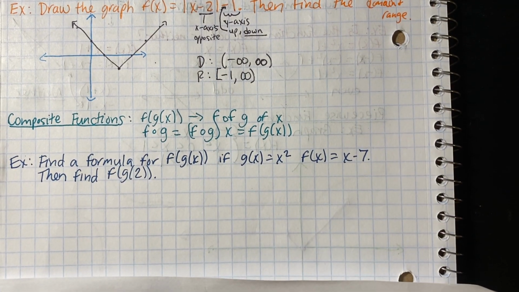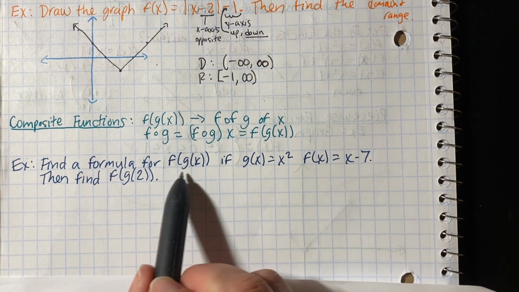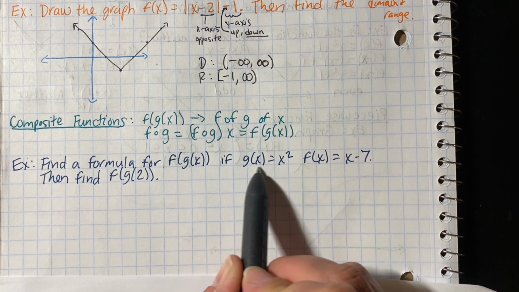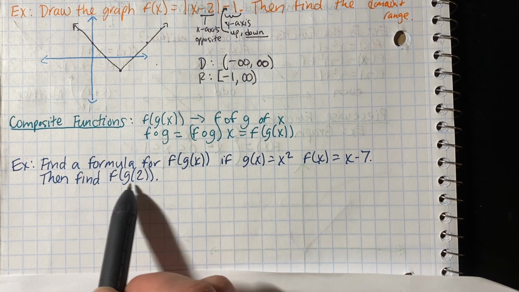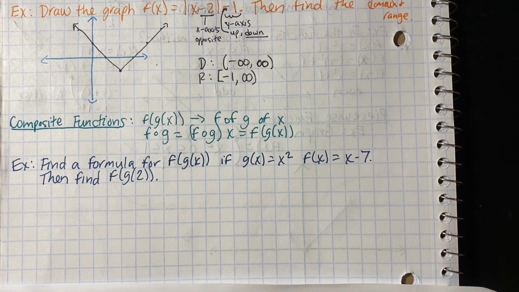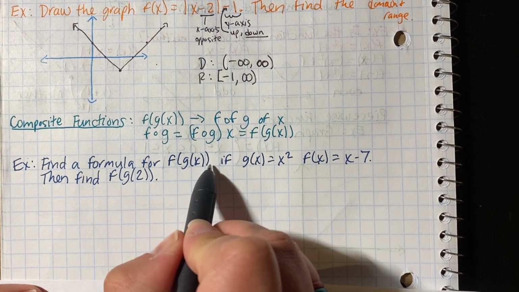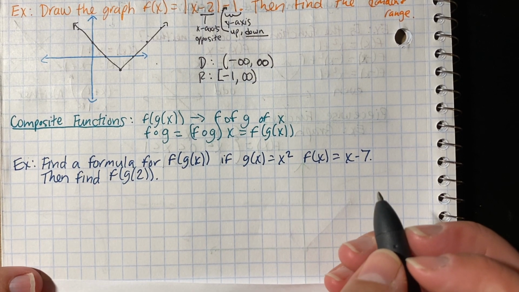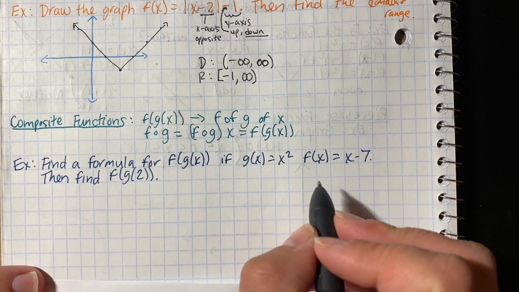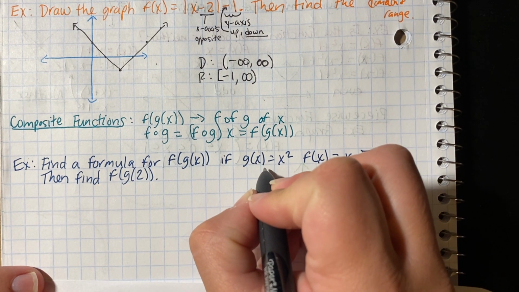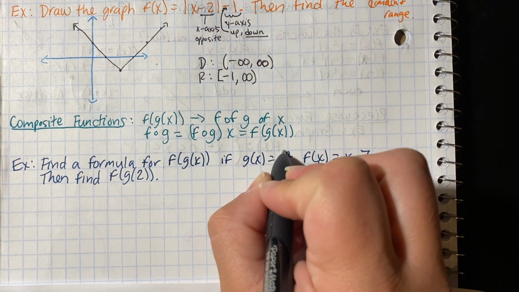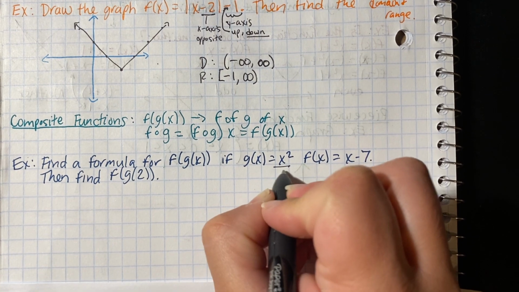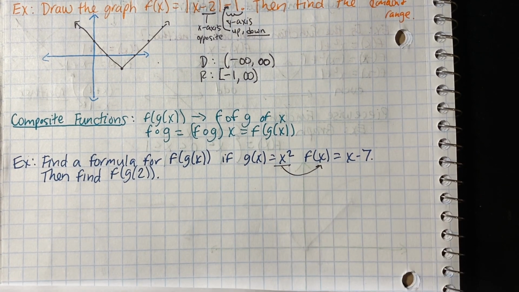So it says, find a formula for f of g of x if g of x is this, f of x is this, and then find what g of 2 is. Right? So let's do this first. So what we're going to do is we want to take f of x, and we are going to pretend that this is pretty much this. This is what we're going to actually put in there.